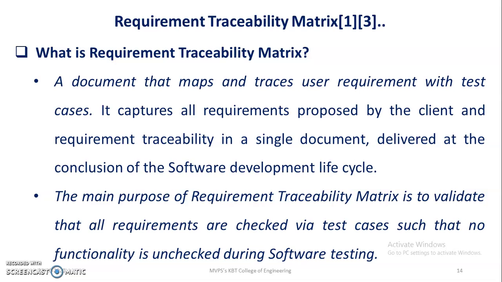The main purpose of the requirement traceability matrix is to validate that all requirements are checked via test cases such that no functionality is unchecked during software testing. So this is about the requirement traceability matrix.